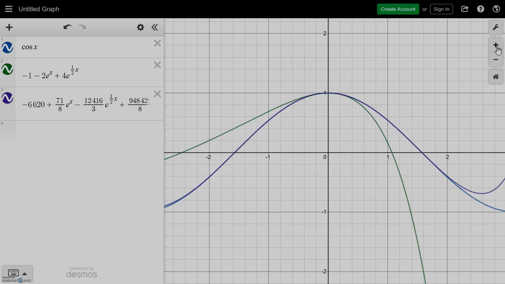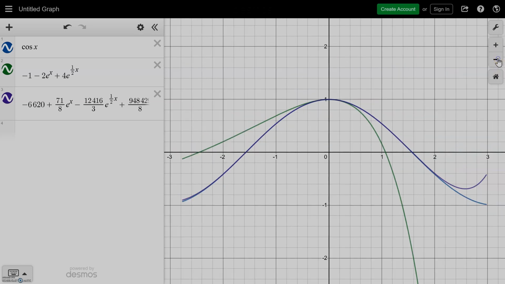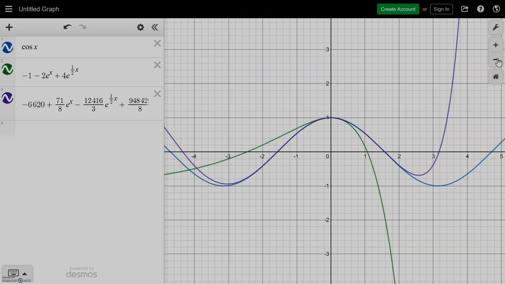What that means is, as we add more and more terms and account for more derivatives, our approximation is going to get closer to that function of cosine x, and it's going to stay close for a longer range. So as we increase the number of terms up to infinity, that will allow us to write cosine just in terms of exponentials.